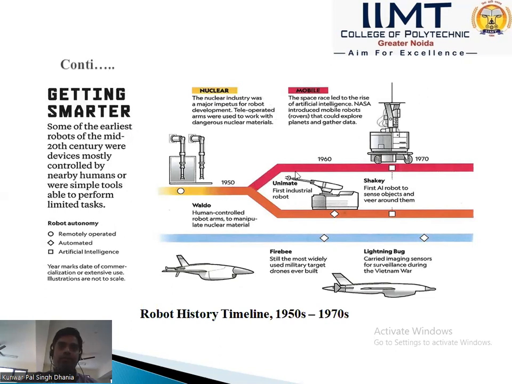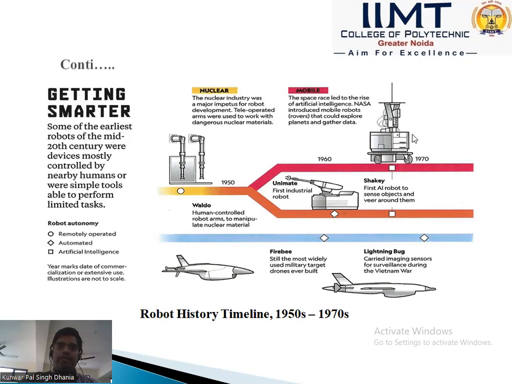As time went on, in 1960, mobile robots, meaning robots that can move, arrived. The space race led to the rise of artificial intelligence. The first mobile robots were introduced by NASA that could explore planets and gather data.